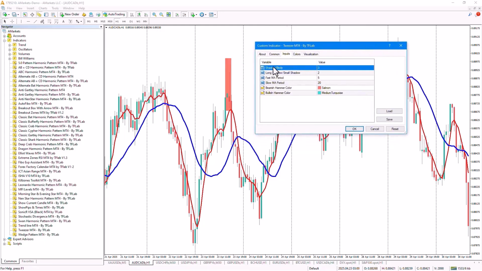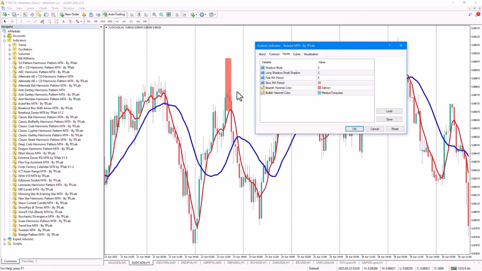In the first section, the ratio of the shadow to the body is set, meaning the upper shadow compared to the body should be 3:1, that is, the shadow should be 3 times the size of the body. In the next section is the ratio of the long shadow to the short shadow, meaning here the long shadow should be twice the size of the short shadow.